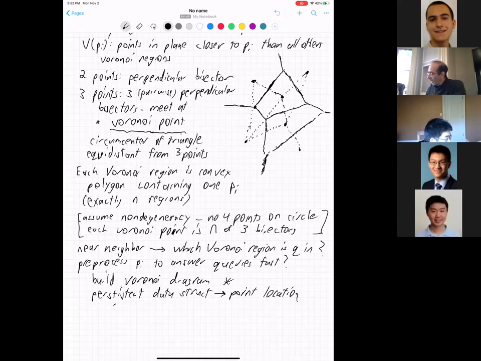The construction time was n log n, the space complexity was n, and the query time was log n.